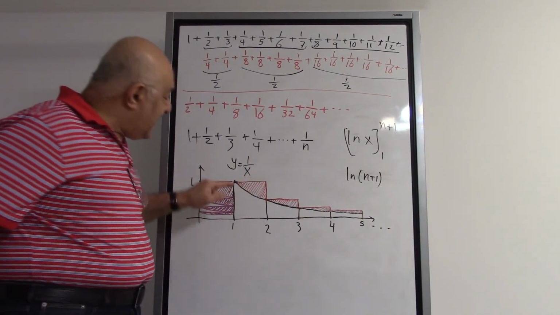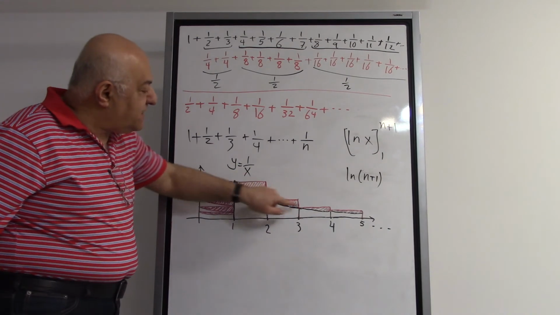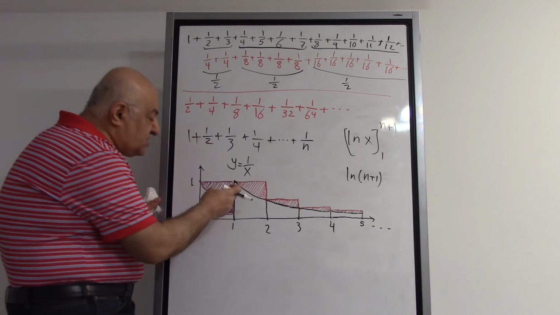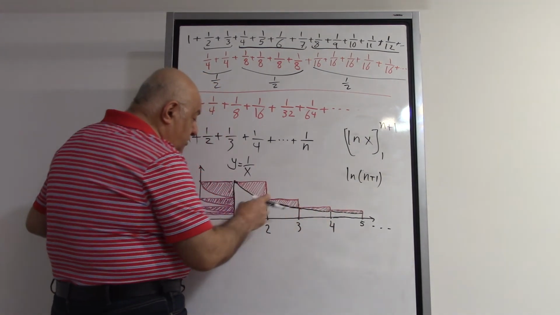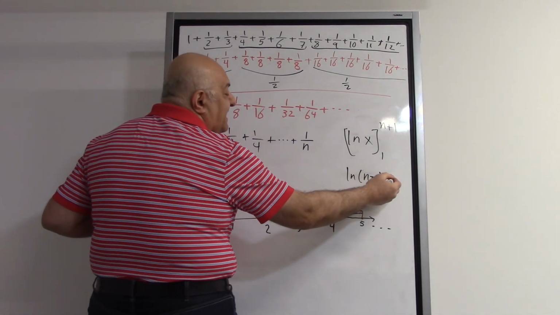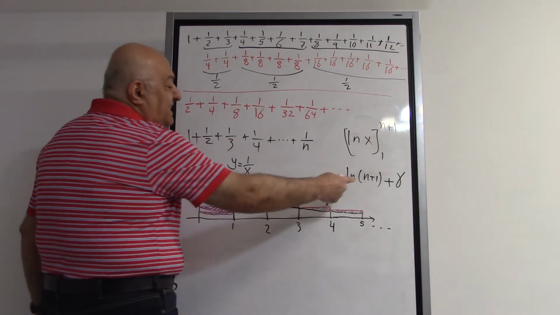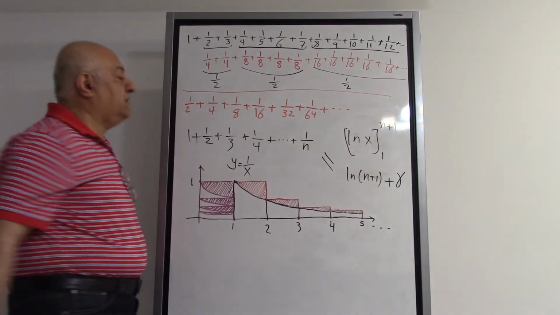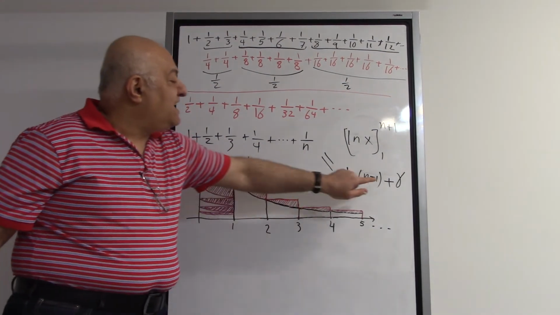That's the area under the black curve, and this is the area under the rectangles. And we said that if you add something to the area under the curve, which is the shaded area, you get exactly this area. So if I add a number called gamma to this, then it becomes exactly equal. That means the difference between this and ln of n plus 1 is gamma.